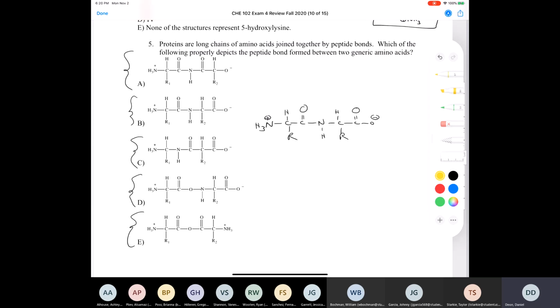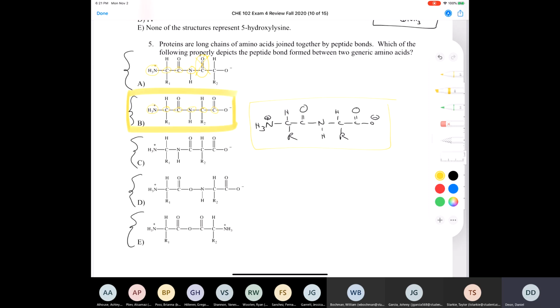So that is the structure that we're looking for. If you look at A, it goes N-C-carbonyl, N-carbonyl, right? That's not correct. If you look at B, it goes N-C-carbonyl, N-C-carbonyl with a carboxylate. Everything else looks correct. And so this is actually the correct answer.